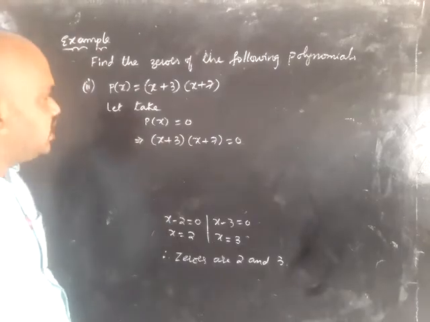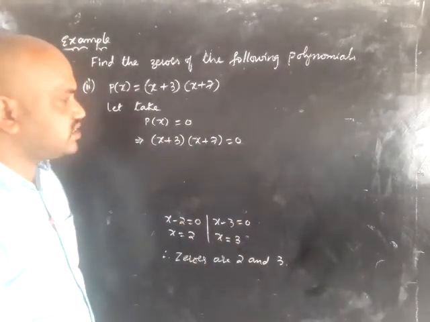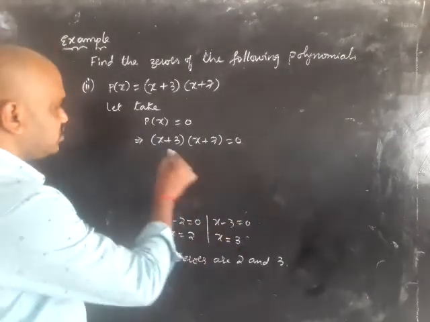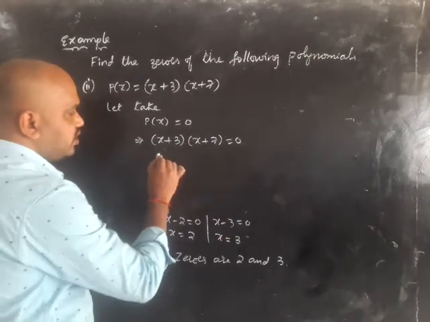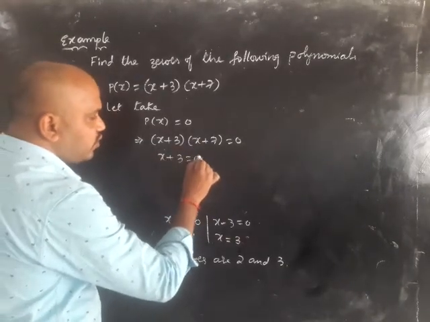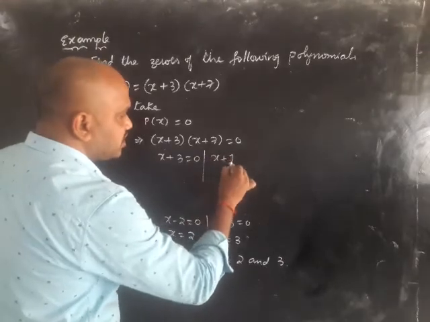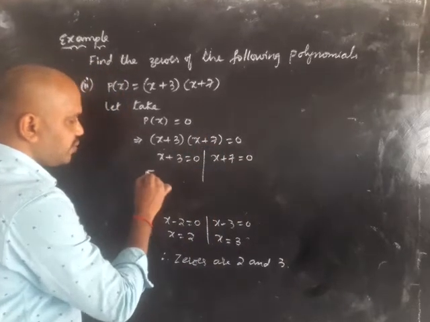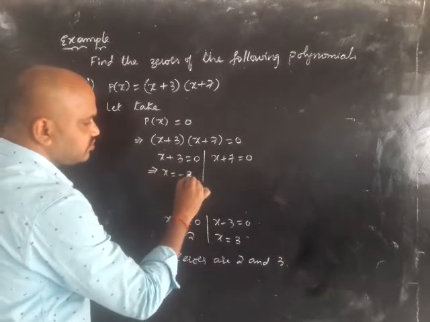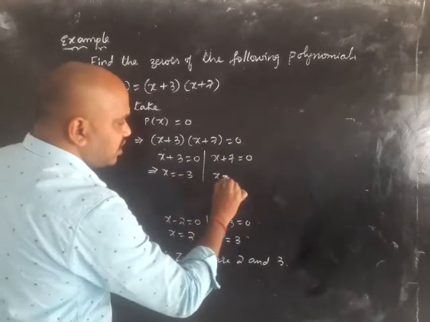Directly we can take it, no need to multiply. Either x plus 3 will be equal to 0 or x plus 7 will be equal to 0. If we send plus 3, that will become minus 3. If we send 7, that will become minus 7.